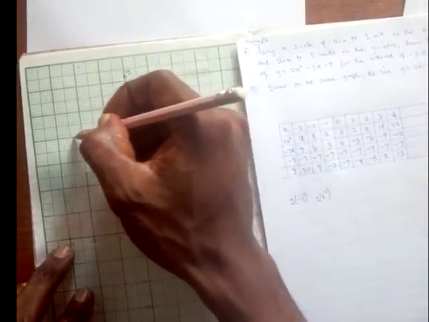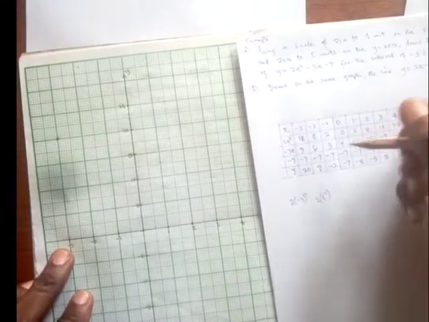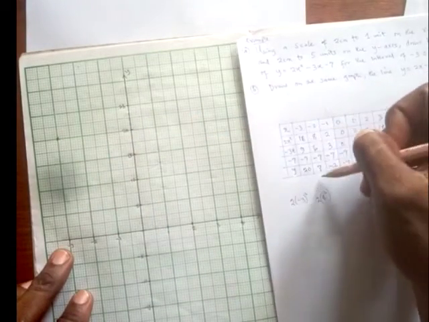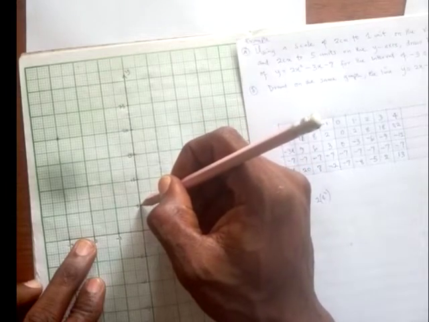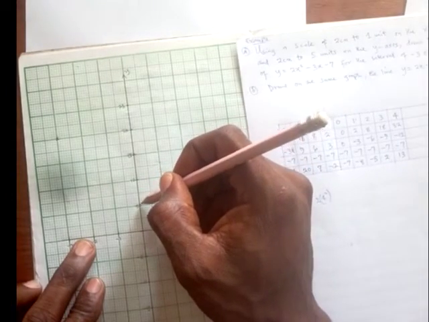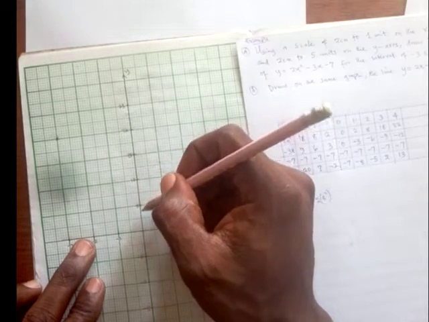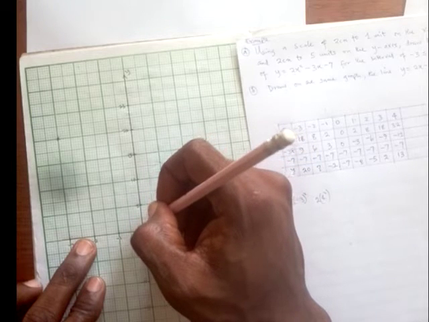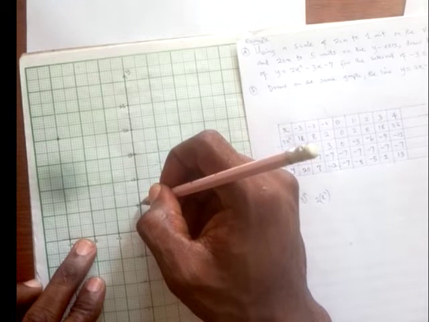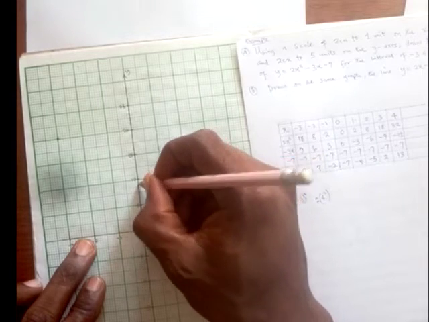This will come this way because when x is -2, y is 7. This is 5. If this is 5 and this is 10, then it means that this is 6, 7, 8, 9, 10.